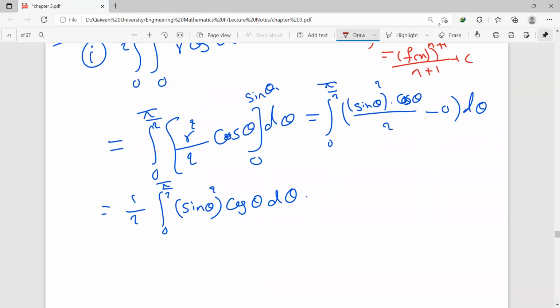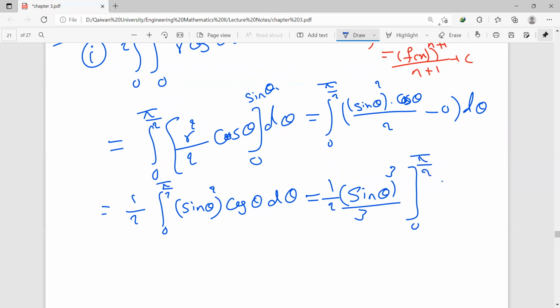We have a sine function which is raised to an exponent, and outside of the bracket, we have the derivative of the sine function, which is cosine. We say this equals a half of sine theta to the power 3 over 3, from 0 to pi over 2.